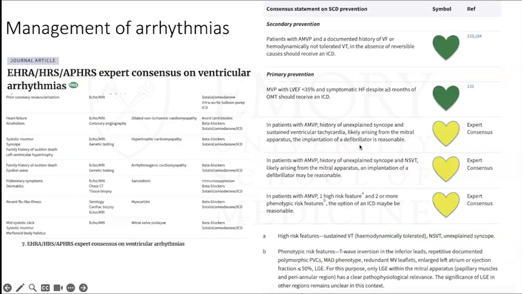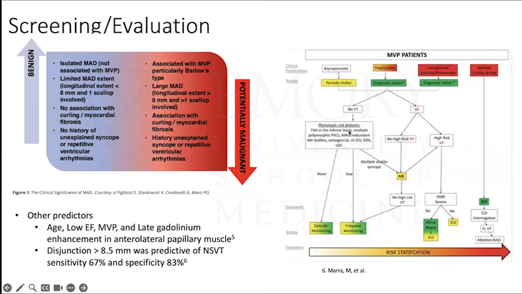Mitral annular disjunction is what we're focusing on, but this with MVP would raise your risk, enlarged LA, echo characteristics, etc. Notably, all this leads to what type of monitor you'll receive. Even if you had every single high-risk phenotypical feature and mitral valve prolapse, if you do not have a history of VT, you still aren't just going to get a prophylactic or preventative ICD. We're just separating you into which degree of suspicion and how we're going to monitor you moving forward.